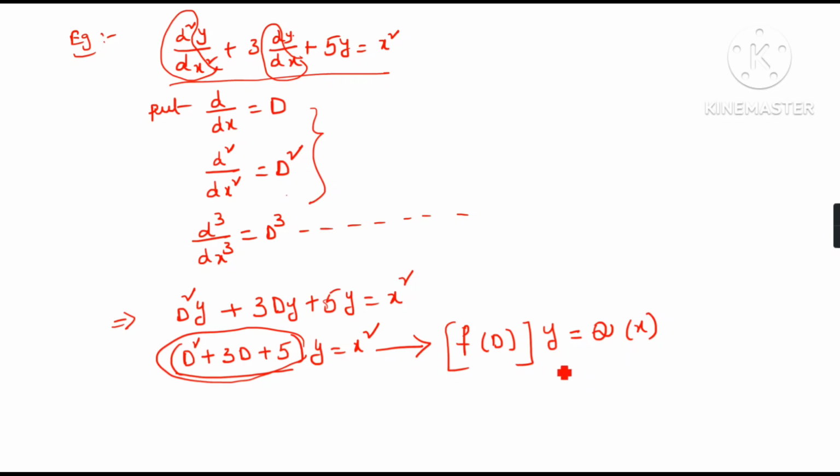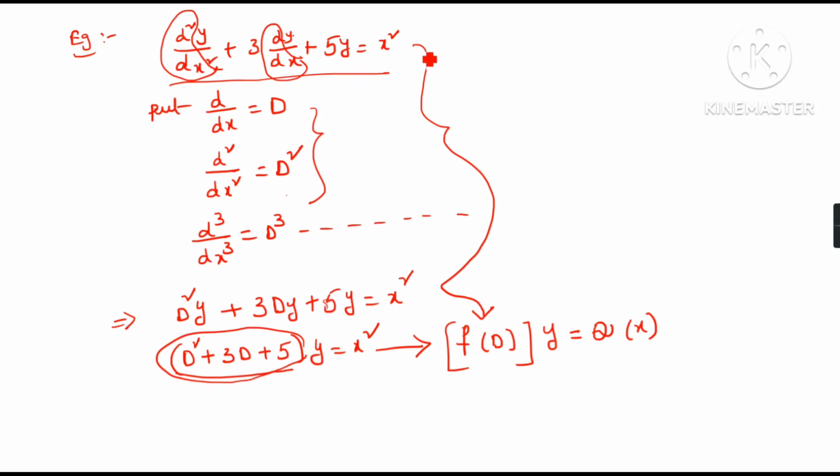So till now, what have we done? We converted the given differential equation into the form f of D into y equals q of x, where f of D equals D square plus 3D plus 5.